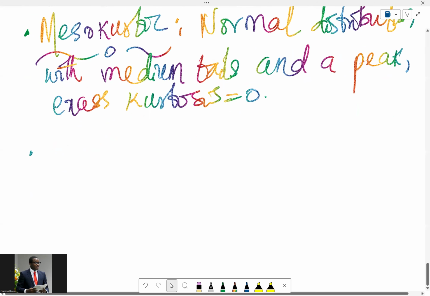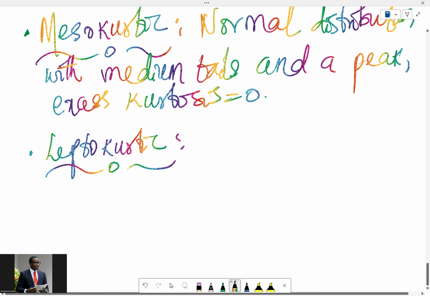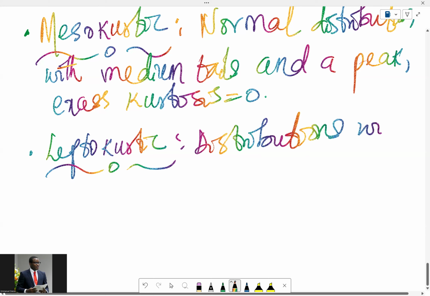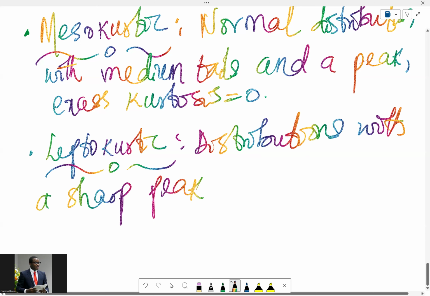Then we have the second type of kurtosis, which is leptokurtic. Leptokurtic distributions are distributions with a sharp peak and heavy tails.